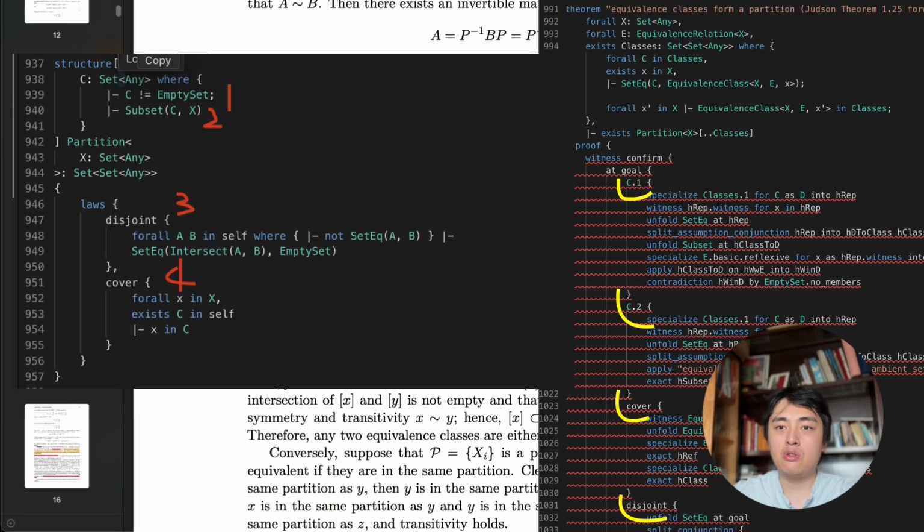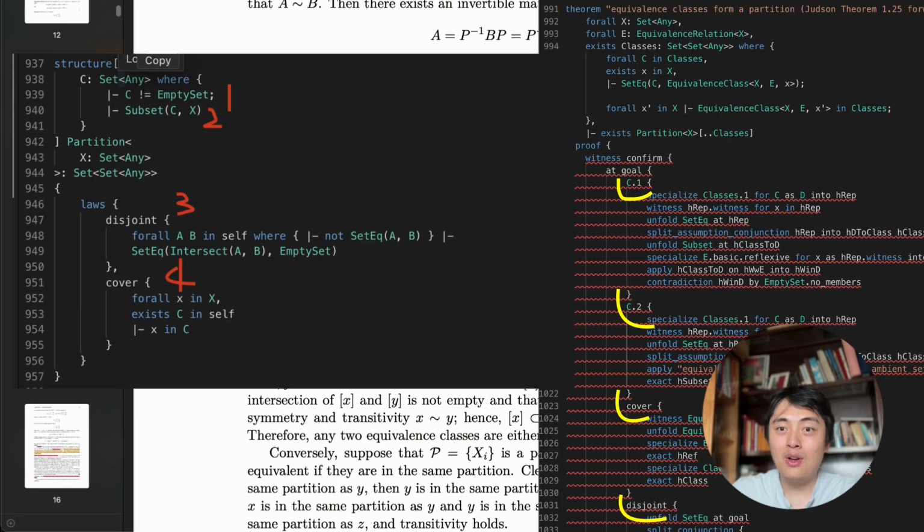Namely, if you look at the partition structure carefully, we have C1 meaning the assumption attached to C. The first assumption is that C is not the empty set, and the second is that C is a subset of big X. Once we have those two, there are two laws, one is the cover, one is the disjoint. They all come from the original structure. There's no secret origin.